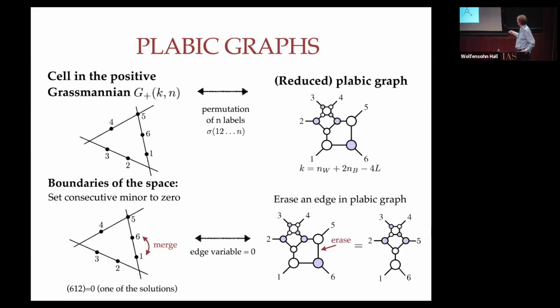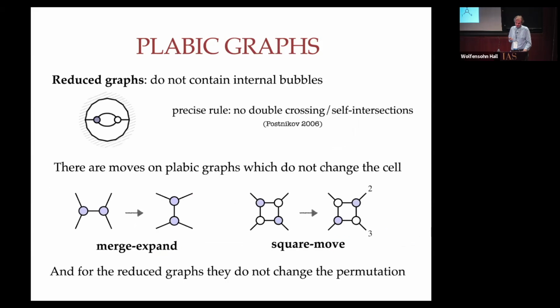So we are erasing the edge which carried this h variable, and we are getting a simpler graph. So the graphs carry this very simple structure of the minors, and going to the boundaries is done by erasing the edges in the corresponding diagram.